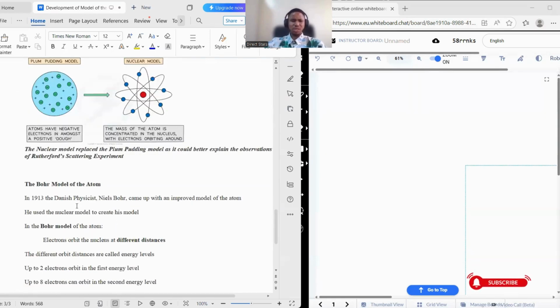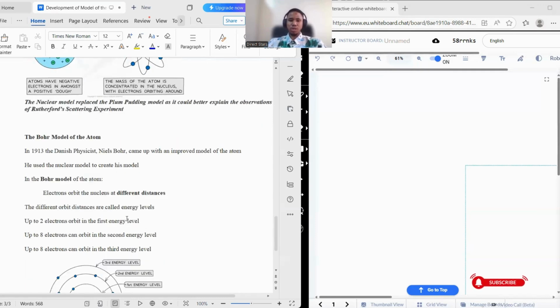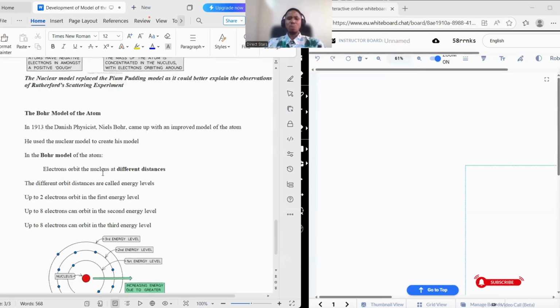So what does the Bohr model say? In 1913, Danish physicist Niels Bohr came up with an improved model of the atom. He used this nuclear model to create his own model, which was later called the Bohr model. Here, electrons orbit the nucleus at different distances.